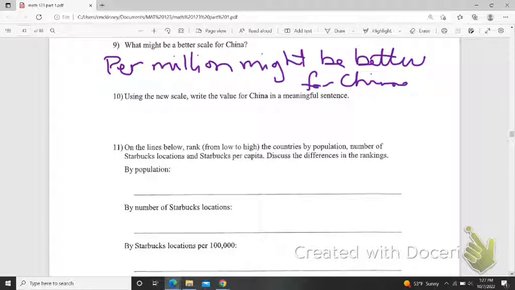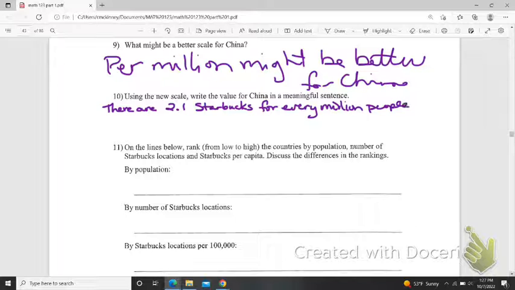So if I were going to use the new scale per million, then I could say there are 2.1 Starbucks for every million people. So in China, I'll add in China at the beginning. In China, there are 2.1 Starbucks for every million people.